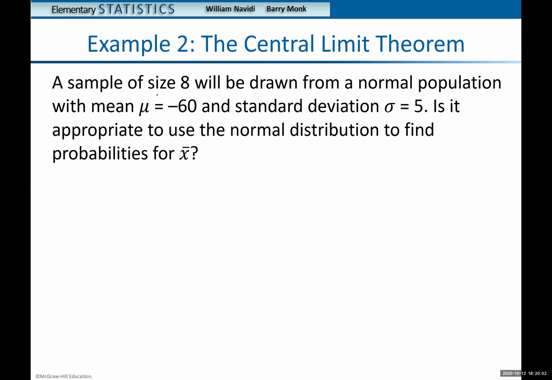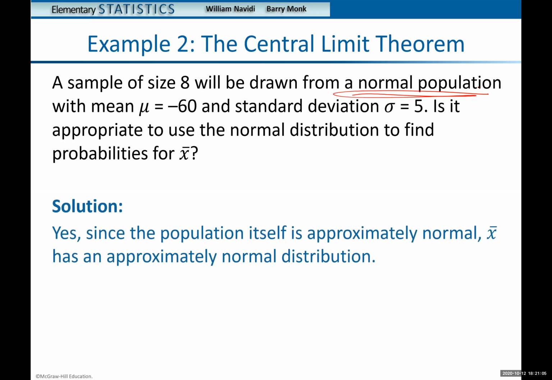No. But it says here though that it is drawn from a normal population. So remember I mentioned, even if it's less than 30, if it's drawn from a normal population, or if it's stated on the problem that it is normal, then you will accept it and still use the central limit theorem. Okay? So don't forget that.